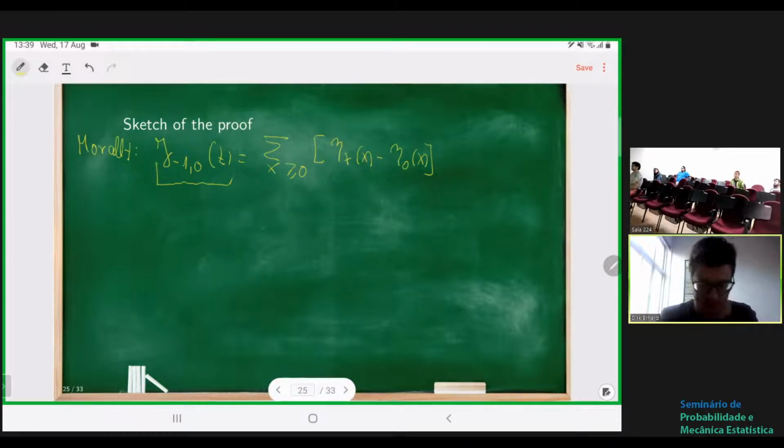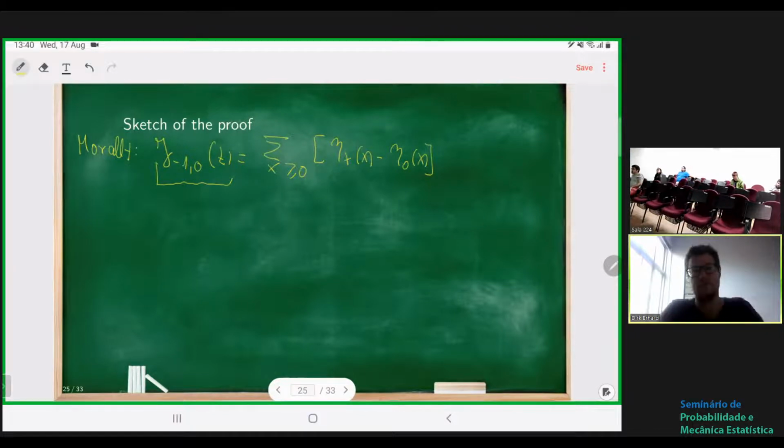On the right-hand side, what you could do is split the sum into 2. If you do this, what you have is the number of particles that are to the right of 0 at time t minus the number of particles that were to the right of 0 at time 0. Yeah? If this number is positive, this means that in total, more particles crossed -1, 0 than crossed 0, -1.